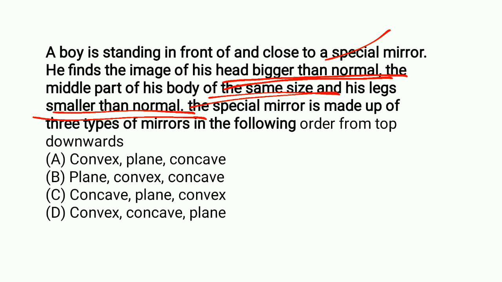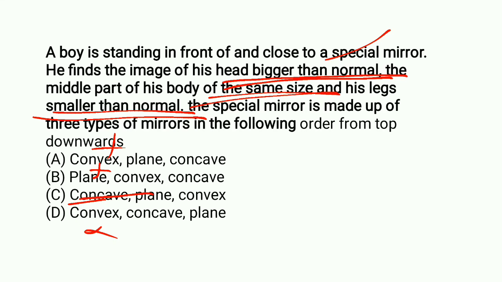Why? Because the concave mirror produces the enlarged image, not the convex, not the plane. So the first one is a concave mirror.